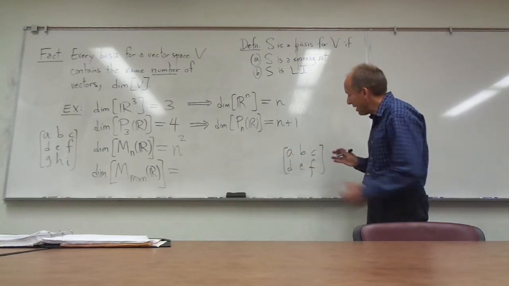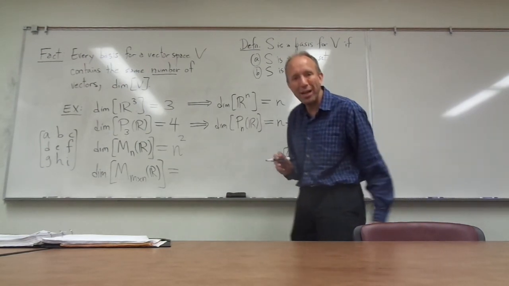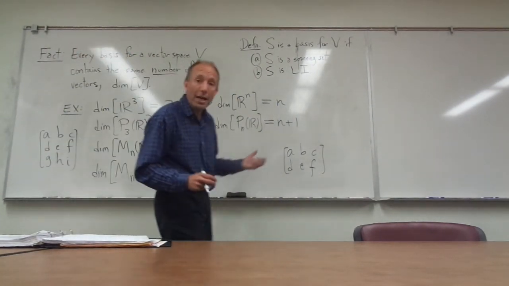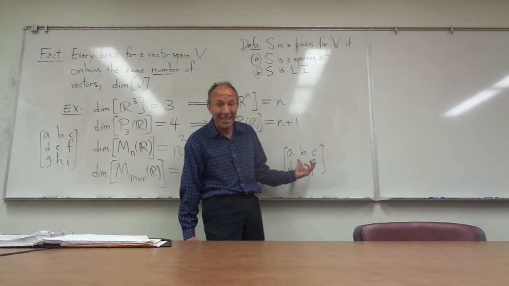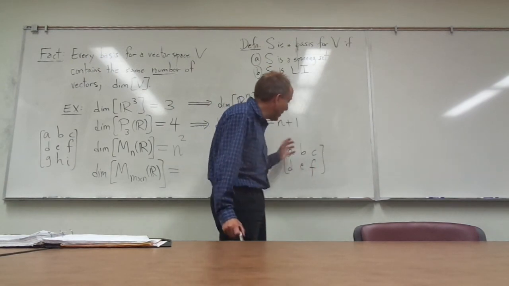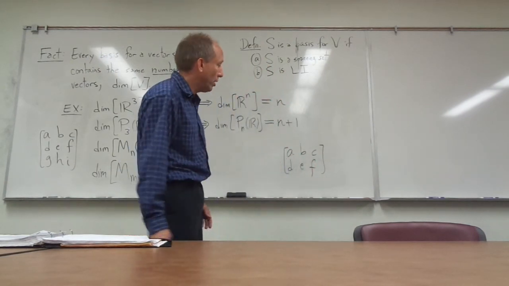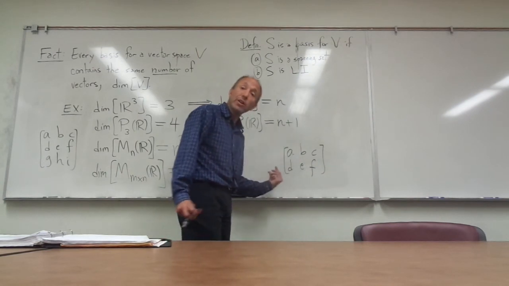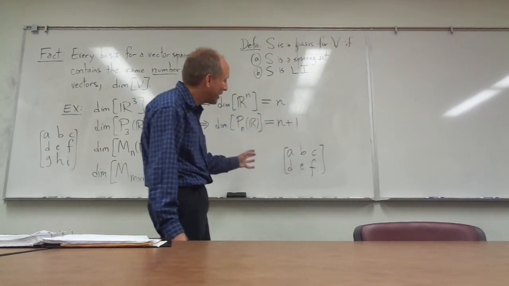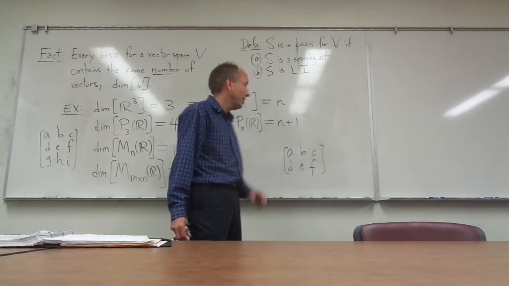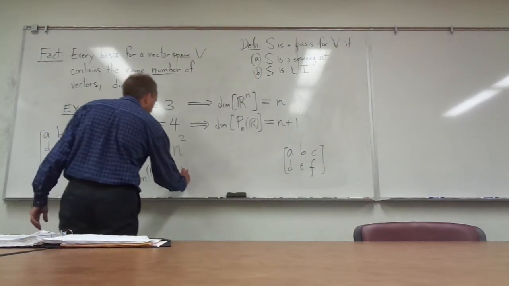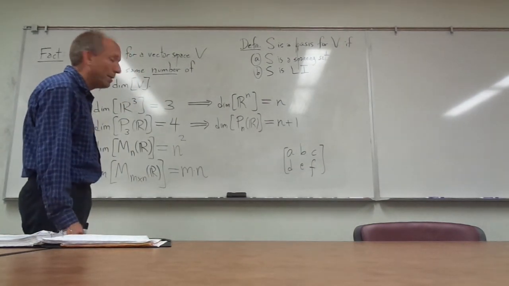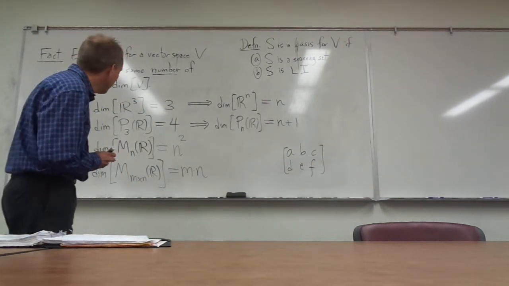And if I bust out those variables and look at the matrices that are left, those matrices are going to be your spanning set, and they are going to actually be a basis as well. They're going to be linearly independent. There are 6 variables to bust out, which means you're going to get 6 matrices. And so the answer here is going to be m times n. Okay, fantastic.